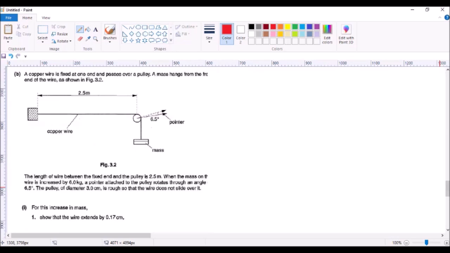Firstly, force equals spring constant times extension. The force applied would be 6 times 9.81. So force equals kx, and they want the extension, so the extension would be force divided by k.